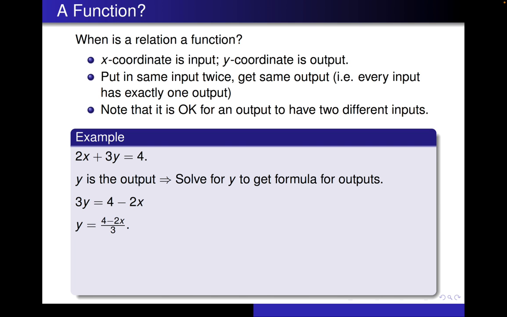What that tells us is if we have an input x, in order to find the output y, we just have to multiply that x by 2, subtract that quantity from 4, and then divide it by 3, and that will always give us that same output. So it turns out this particular relation is a function where the formula for the function is given by f of x equals (4 minus 2x) all divided by 3.